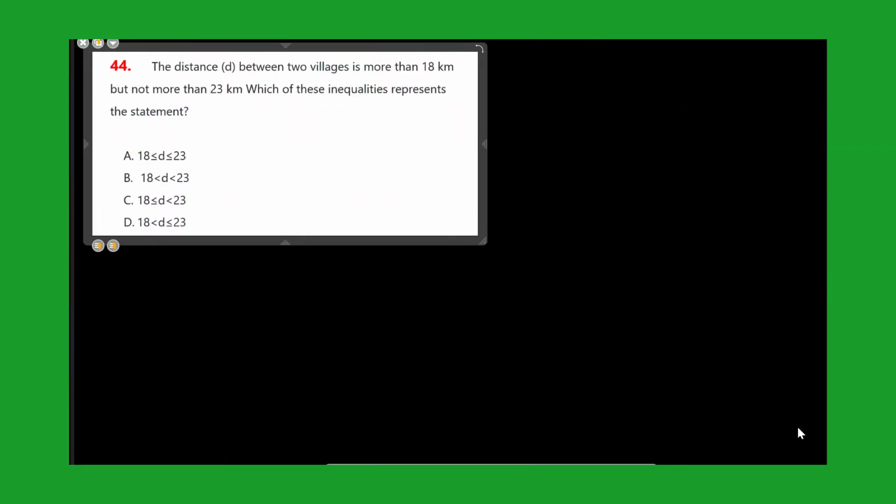The distance D between two villages is more than 18 km, but not more than 23 km. Which of these inequalities represents the statement?